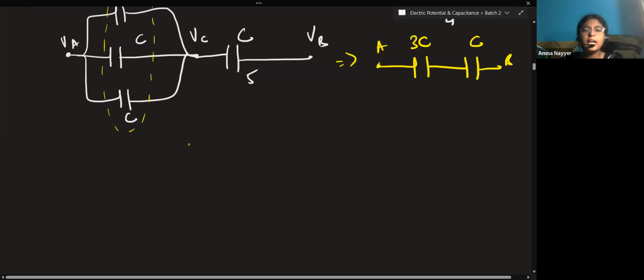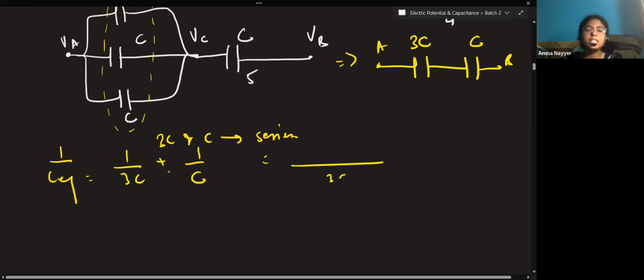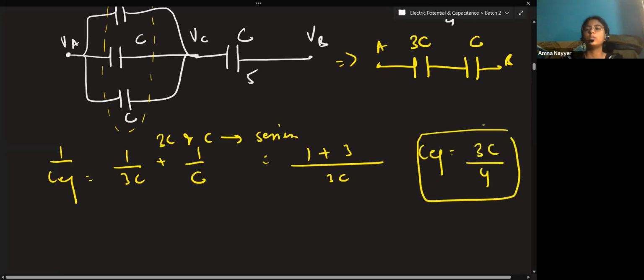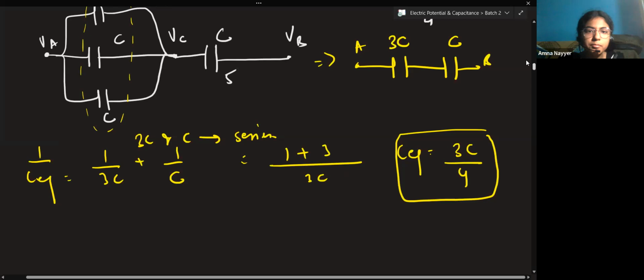So 1 by C equivalent will be 1 by 3C plus 1 by C. That gives you 3C over 1 plus 3. So equivalent capacitance is 3C divided by 4. In this manner, you have to calculate if different capacitors are given to you like this. Clear?